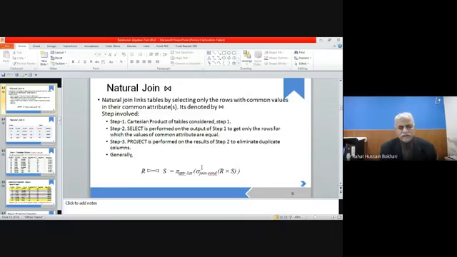And third, because the natural join keeps only one copy of the attributes common between the two relations taking part in it, we have to go for projection.